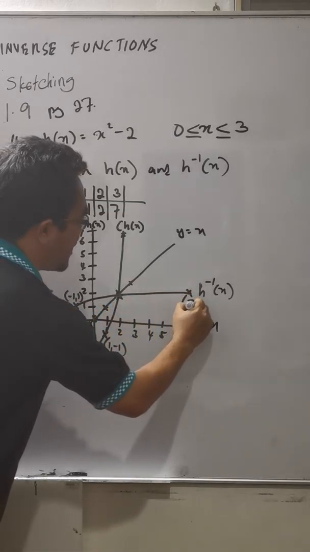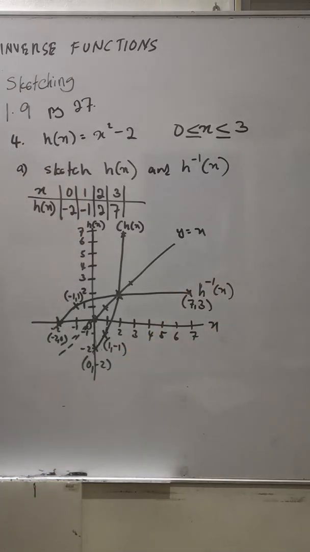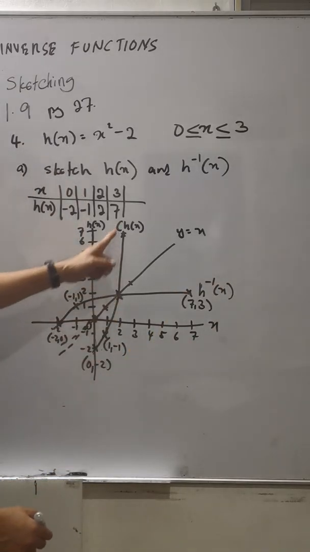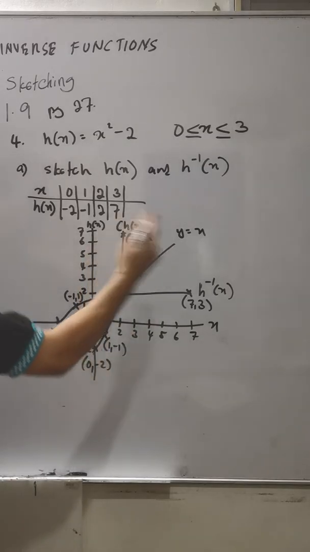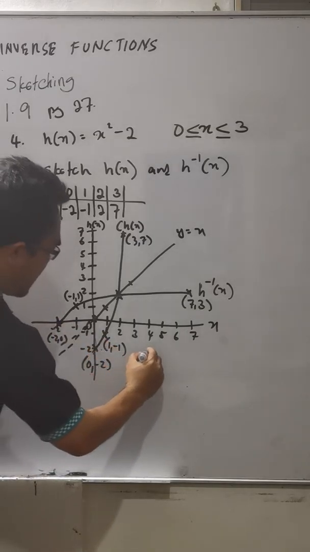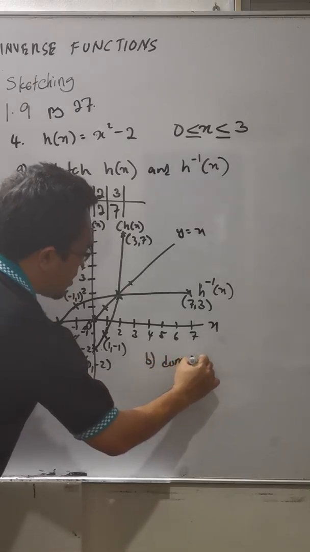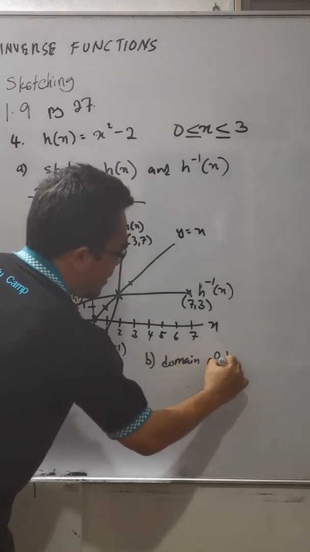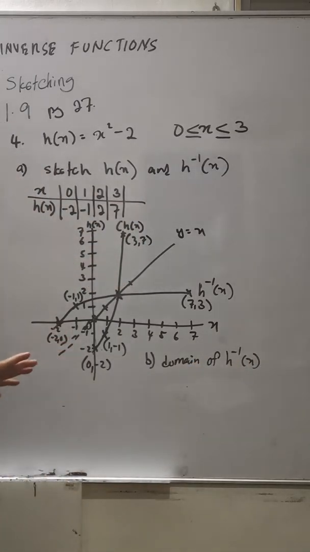This coordinate is (3, 7), so the image will be (7, 3). We want to know the domain of the inverse of h. Domain will be the object or the x.